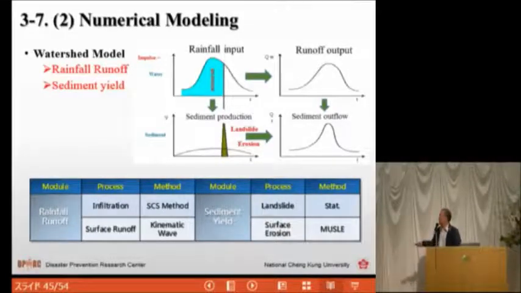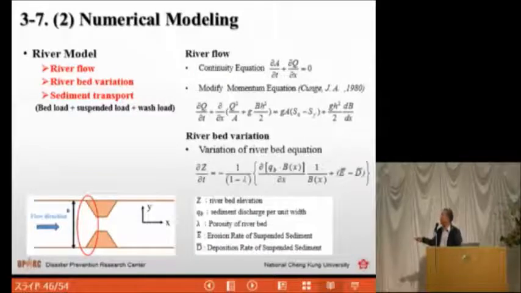And of course, we have numerical modeling. First of all is the watershed model, from the rainfall to its surface runoff and sediment yield. And we have a river model, a movable bed river model, to simulate the river flow, riverbed variation, and sediment transport. But here, I would like to emphasize that in Taiwan, there are a lot of notches, very narrow cross sections everywhere.